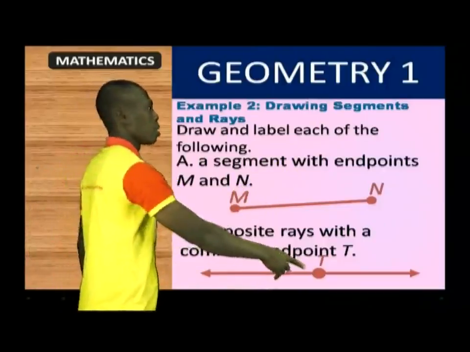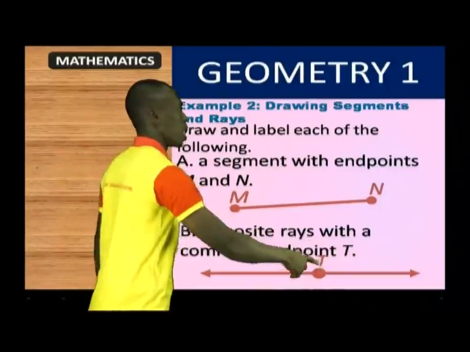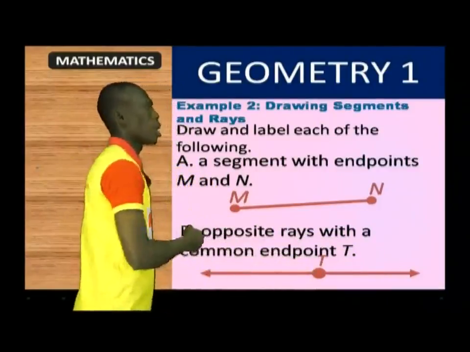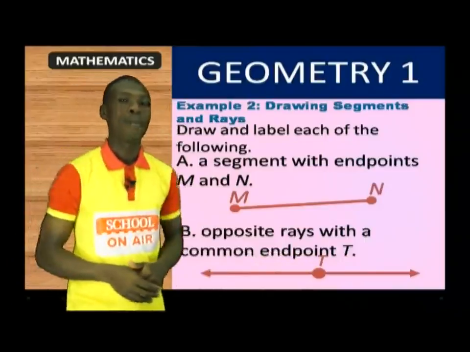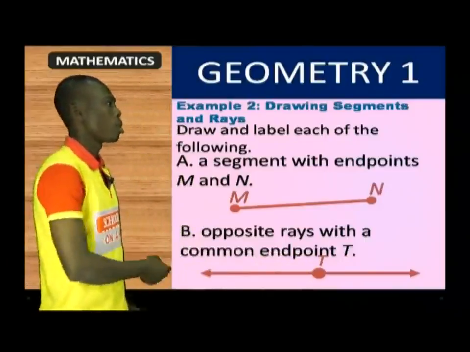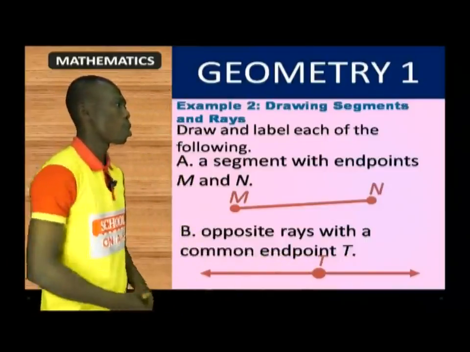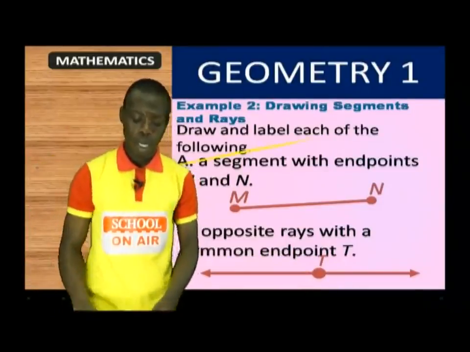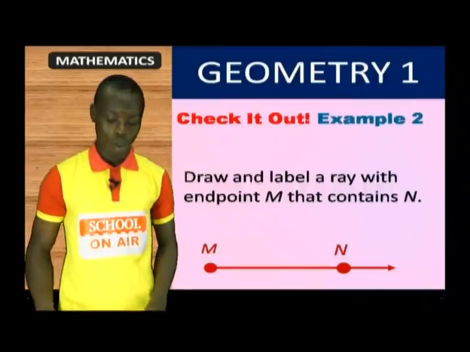This is the common endpoint, this goes in this direction and this goes the other direction. So we have the opposite rays with a common endpoint T.